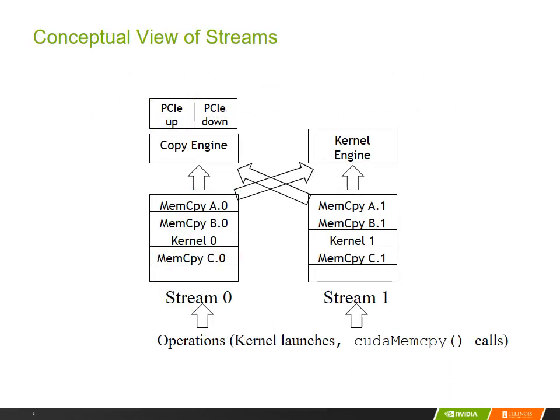This slide shows the conceptual view of streams for the programmers. At the bottom, when the host code executes a kernel launch or cudaMemcpy and so on, these commands are entered into the stream queues. The cudaMemcpy A0 and cudaMemcpy B0 are the commands that have been entered into stream 0.